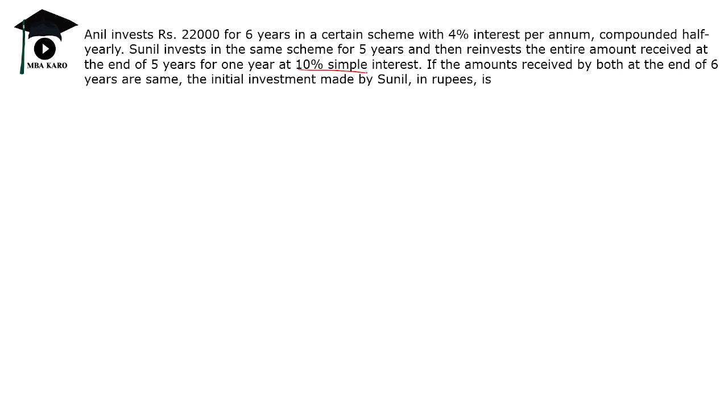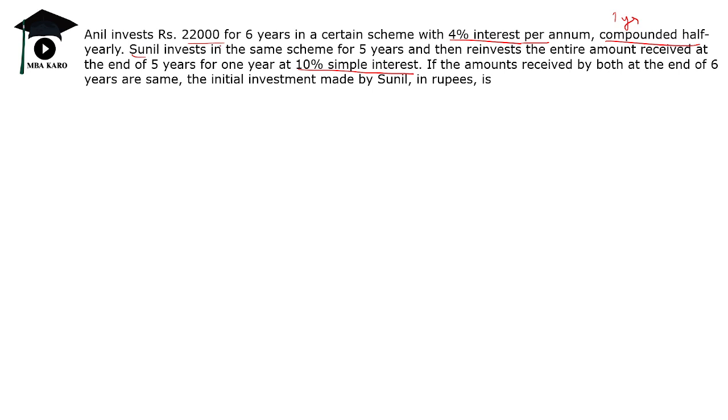So basically this 10% simple interest on this principal of Sunil should be equal to amount with 4% per annum compounded half yearly for 1 year. Okay, that should be at 22,000. So if you can think that way, that's great. If not, let us put the formula and find it.